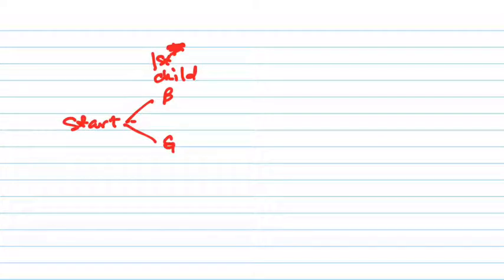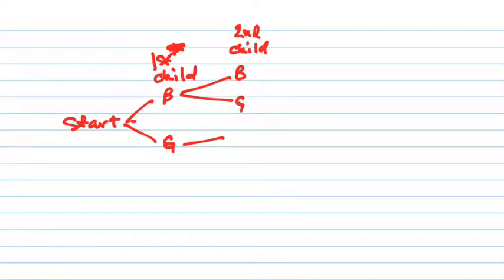Keep the branch angles as narrow as you can, because these things can take up a whole page of paper very quickly because they grow exponentially, right? So those are the probabilities for the first child. The second child is going to be boy and girl breaking off from each branch. So here we get boy, girl. Here we get boy, girl.